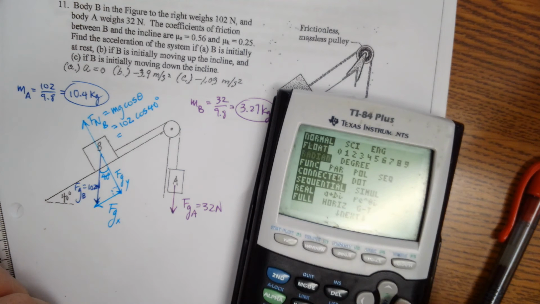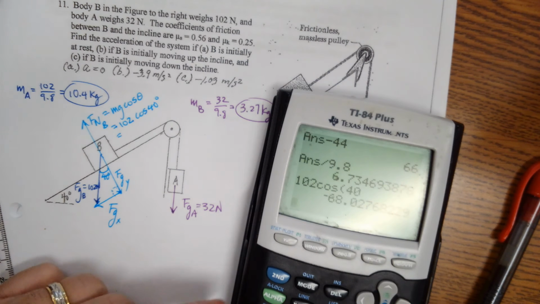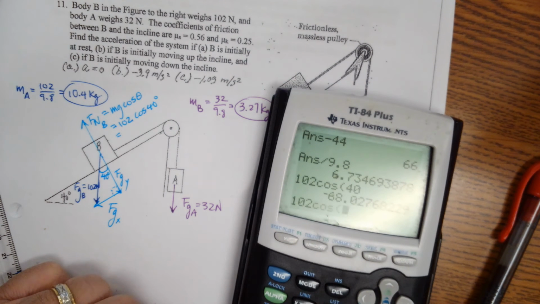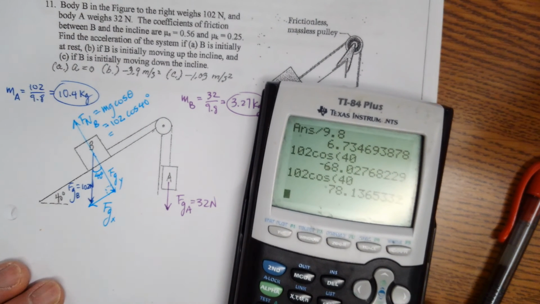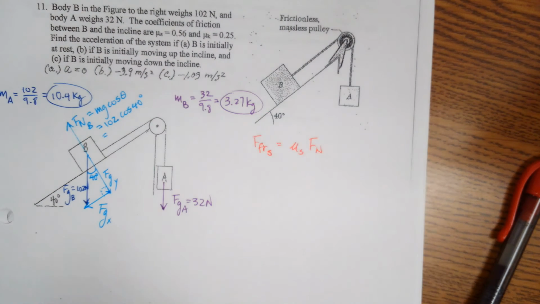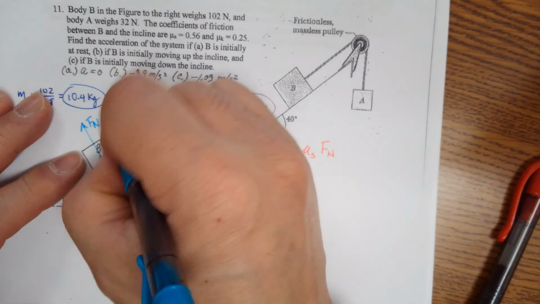I see, degrees. All right, let's try again. 102 cosine of 40. Better be positive. Yeah, there you go. It looks like 78.1 newtons, right?